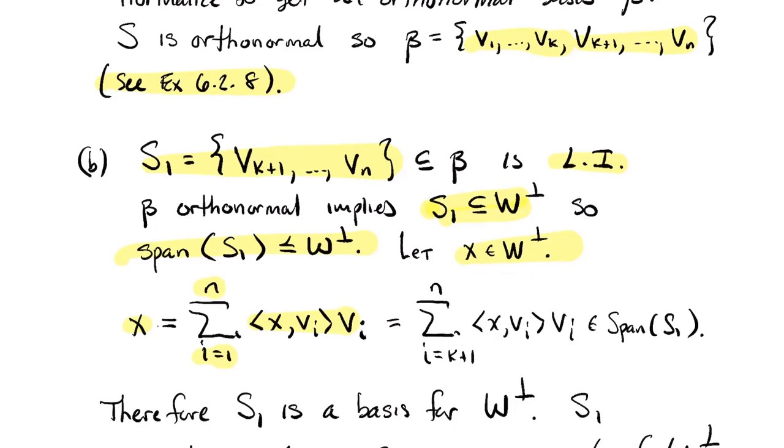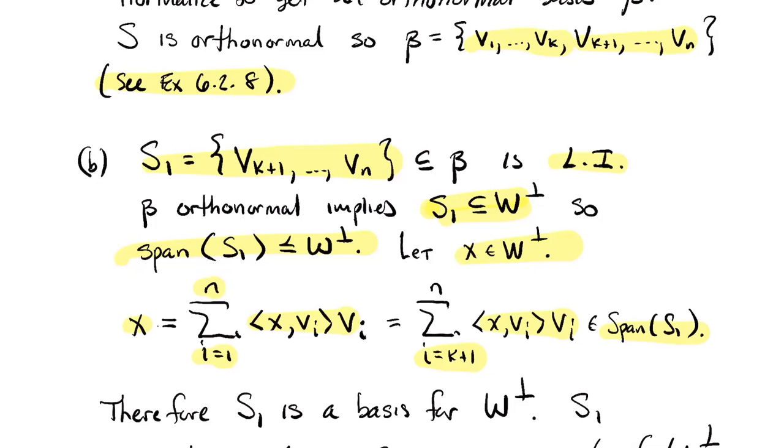So the inner product of x and vi for i between 1 and k is going to be 0. So this sum actually shortens. The first k terms are 0. So it's equal to the sum from k plus 1 to n of the same coefficients. And that, by definition, is an element of the span of S sub 1.